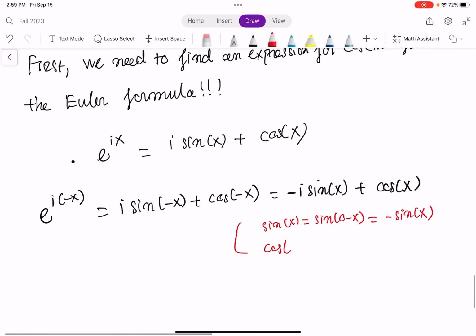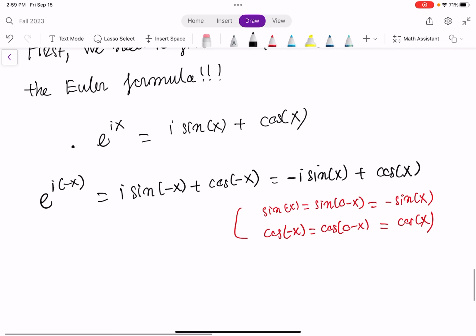Similarly, cosine of negative x is just cosine of 0 minus x, and you should get cosine of x. So you use the cosine a minus b, sine a minus b formulas, which were derived in the second video of the series, I believe.